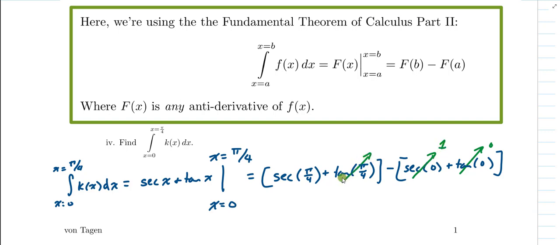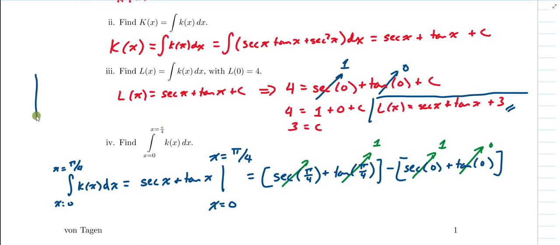Remember that the tangent of pi over 4 is 1, and the secant of pi over 4, to be honest, I don't remember that, so I'm going to have to check. If I go draw a unit circle here, and I want to go to the angle pi over 4, which would be this angle right here, that's for the angle pi over 4, and we've got the ordered pair radical 2 over 2, comma radical 2 over 2.